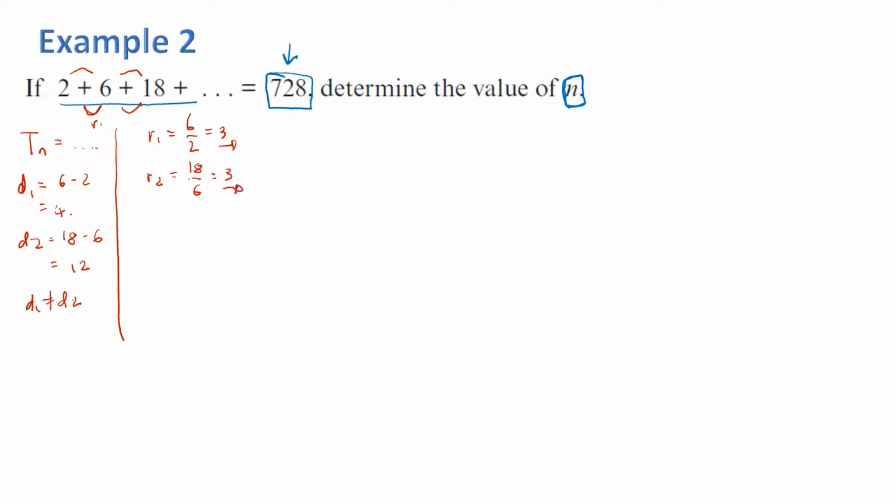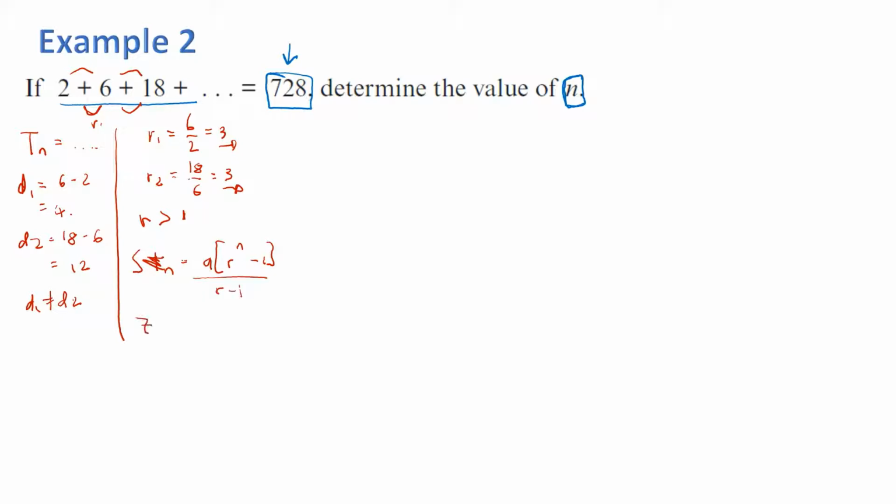Okay, so R is larger than 1. I get to apply this formula, therefore, that we just saw. I'll just get it over here. And it's right here. This is the sum. And I have a times r to the power of n minus 1 divided by r minus 1.